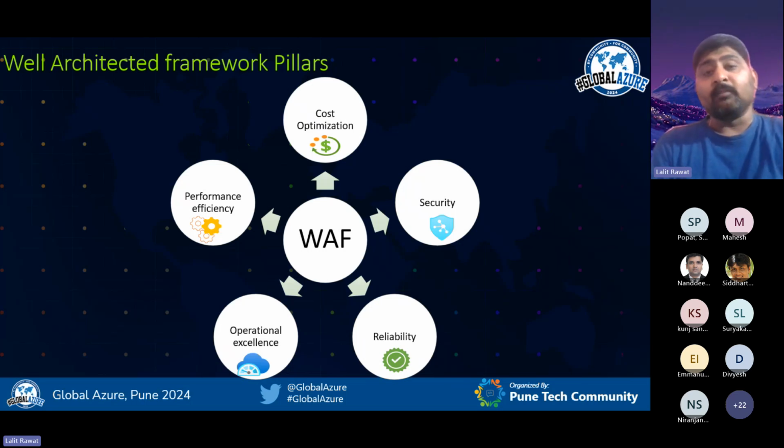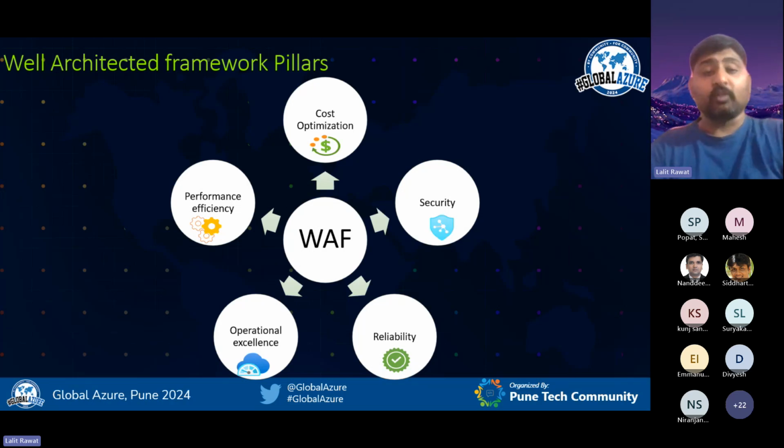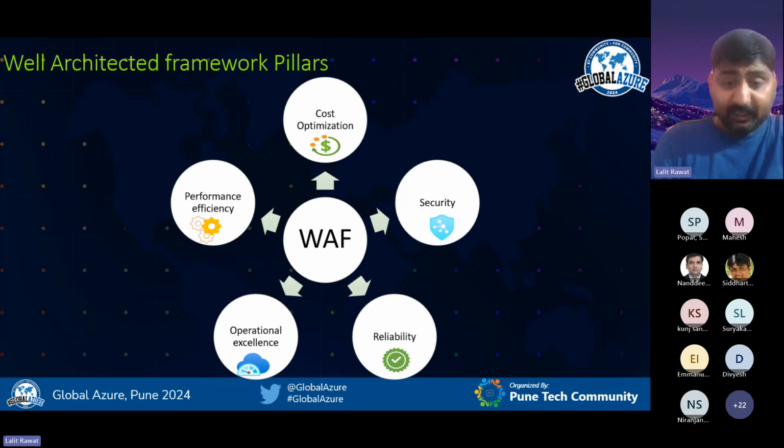Then the fourth will be operational excellence, and before that, performance efficiency as well. When you migrate your services, you have to make sure how you're going to increase the performance of your applications, right? While optimizing your code using low code, no code, or a less complex architecture.